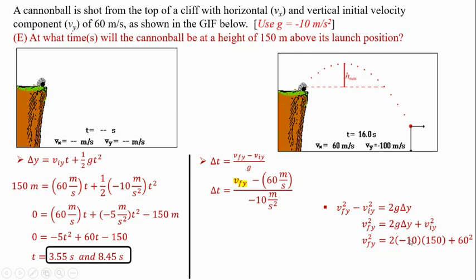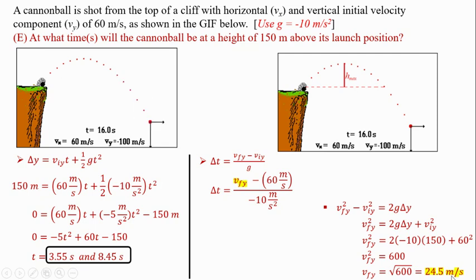Here's the 2, G is negative 10, delta Y is positive 150, VIY is positive 60. I'm going to square that. So if you simplify all the stuff on the right side, you get 600. But then this is VFY squared. So therefore, to find VFY, just square root both sides as we've been doing this whole video. Therefore, VFY is 24.5 meters per second.